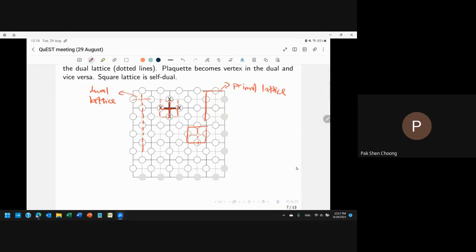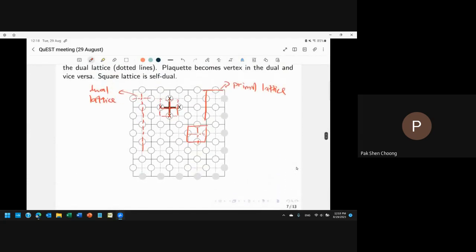So there is this duality between the plaquette and vertex. Whenever we find one description easier than the other, we will refer to the corresponding lattice. Okay.